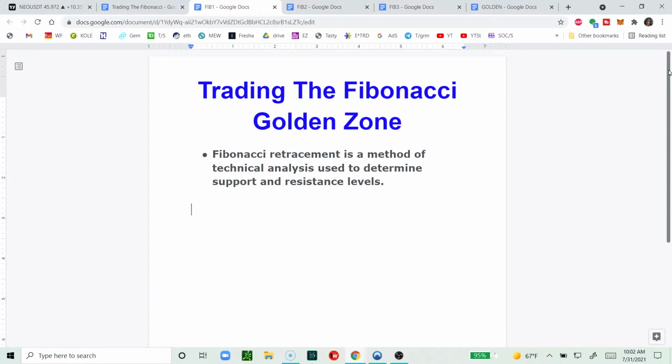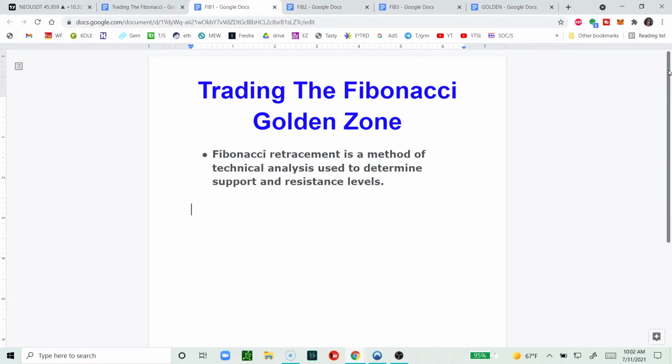So the Fibonacci retracement is a method of technical analysis used to determine support and resistance. That's it. And drawing support and resistance is definitely a skill that you acquire with time.